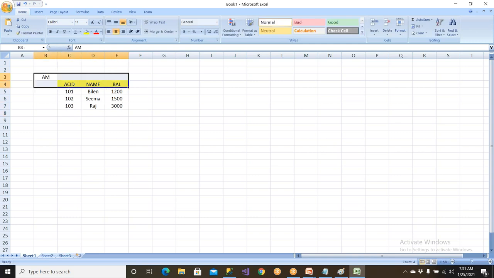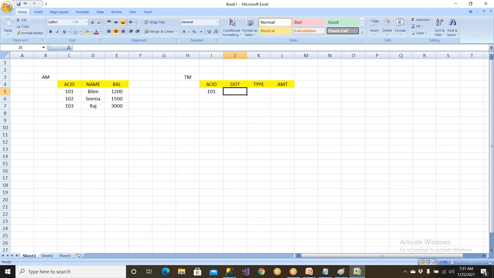Now I wanted to have one more table called transaction master: 101, the date of transaction, the transaction type, and the amount. Clear?